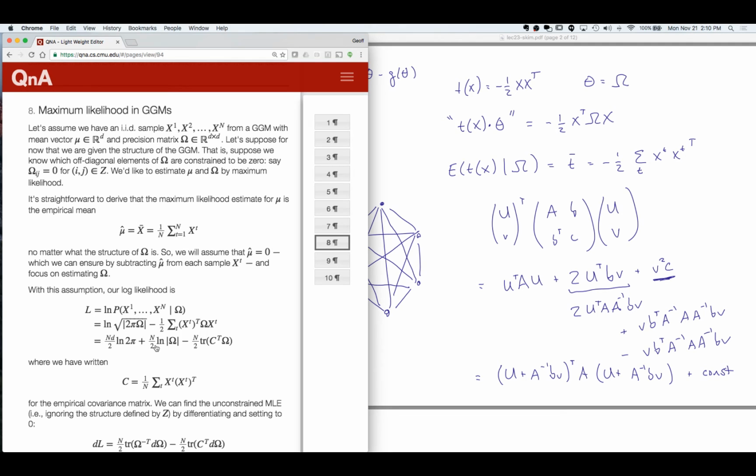Then we get n times the log determinant of the precision minus n over 2 times that, minus n over 2 times the dot product between omega and the empirical covariance. I've just collected terms here, and I've used trace rotation to bring all of the covariance elements together.